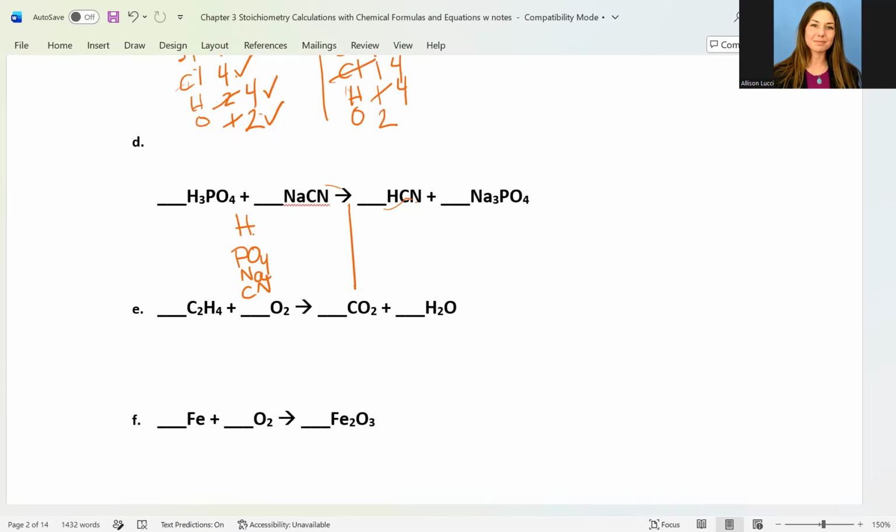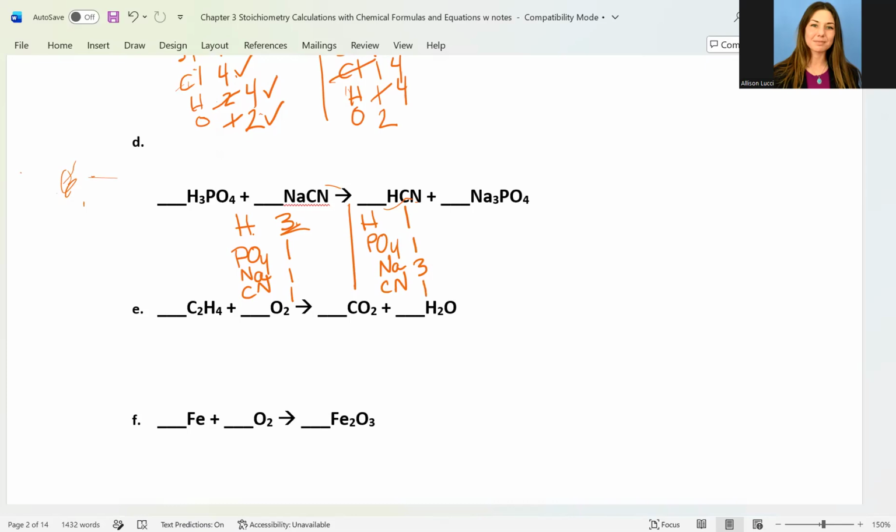I'm going to keep them together because they are also together on the product side. When that's the case, it'll save you some time when you balance. So let's see here, we have three hydrogens to start, 1 phosphate, 1 sodium, 1 cyanide. Over here, 1 H, 1 PO4, 3 sodium, and 1 of the CN.